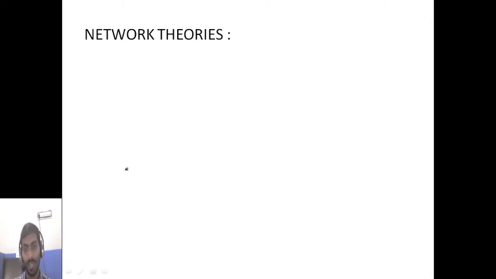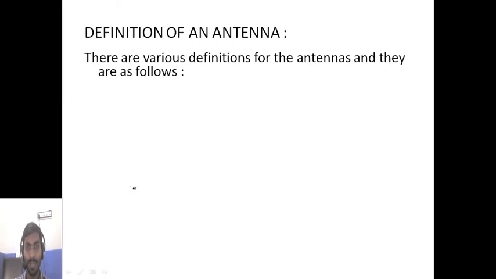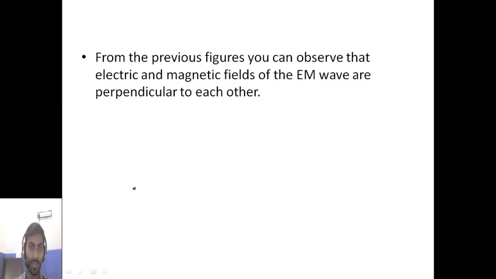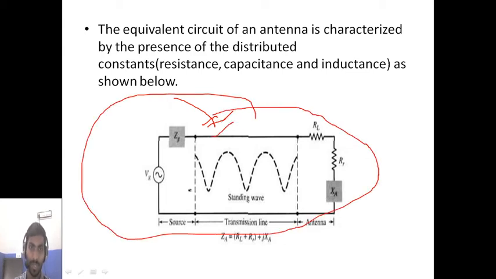All these theorems are important for antennas, because an antenna can be represented as an equivalent Thevenin circuit. If you have a Thevenin circuit, you can apply all the possible theorems: reciprocity, Norton, Thevenin, superposition. Everything can be applied on this circuit, and you can obtain the values of other components.